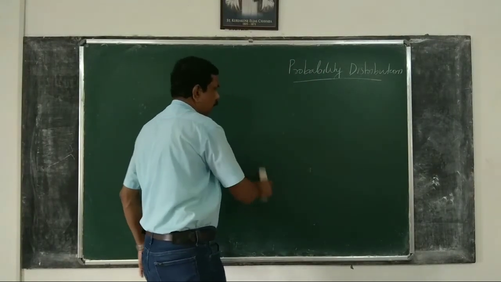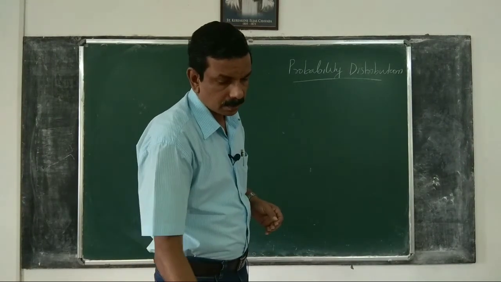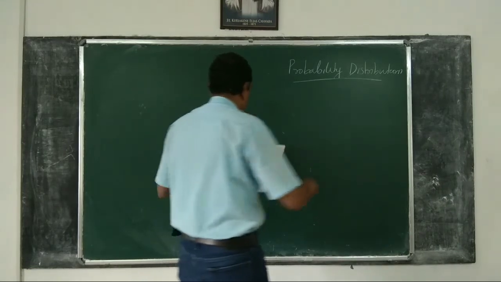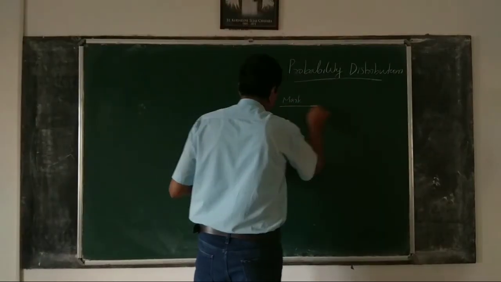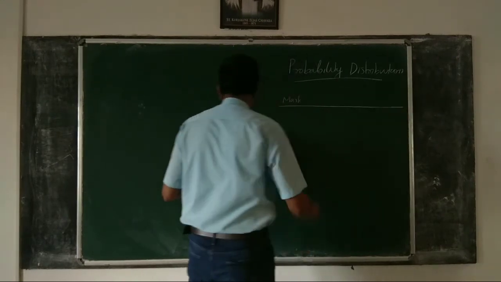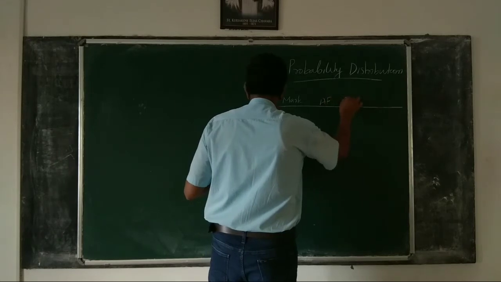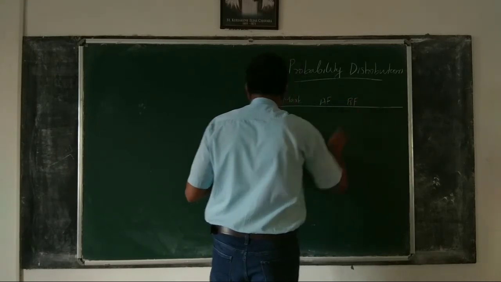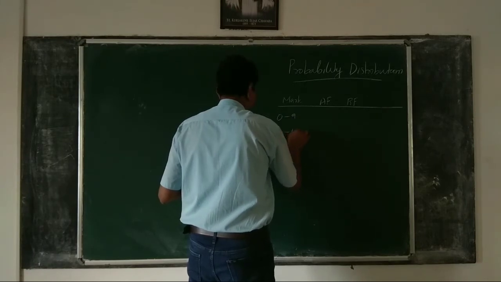Actually, the probability distribution is nothing but relative frequency. Suppose that this is the mark received by the students in an examination, with absolute frequency and relative frequency. The classes are 0 to 9, 10 to 19.